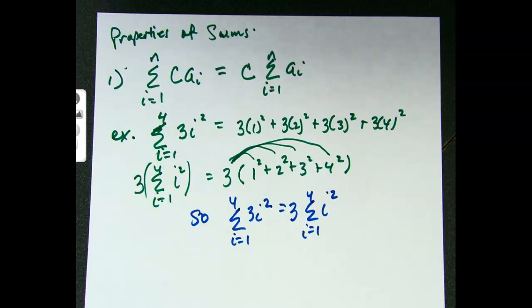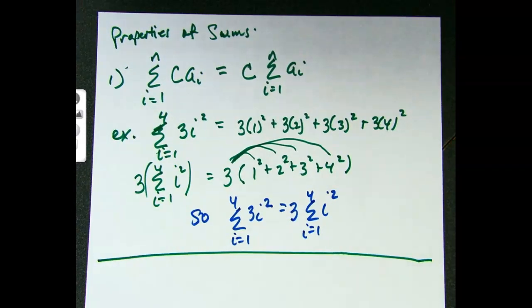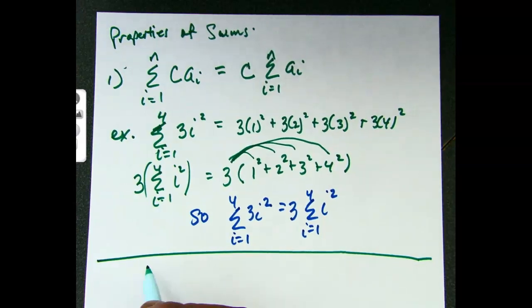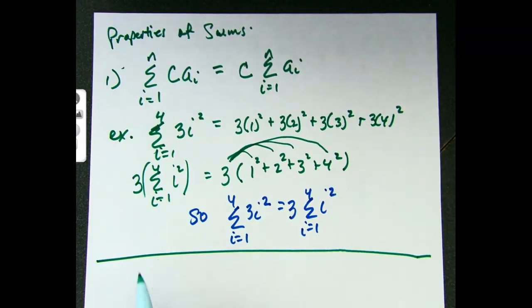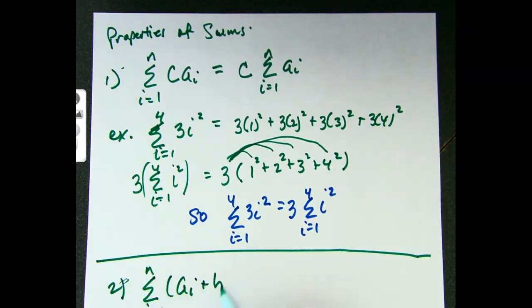Okay, let's take a look at one more. Let's say we have a summation i equals 1 to n of a sub i plus b sub i.